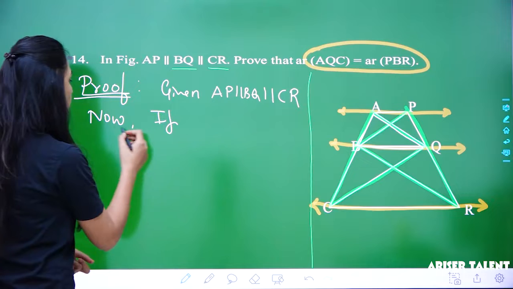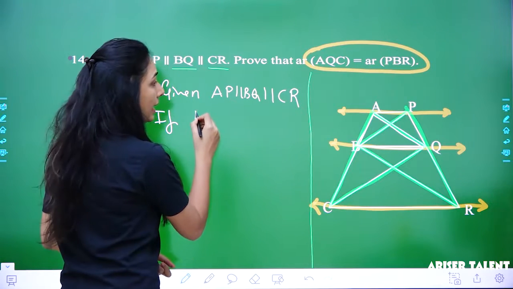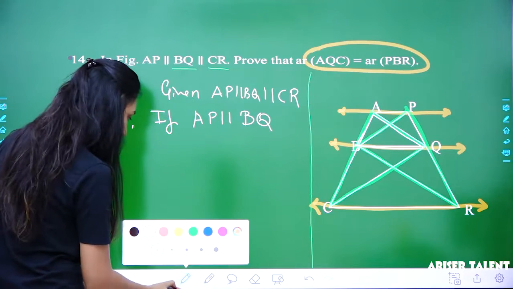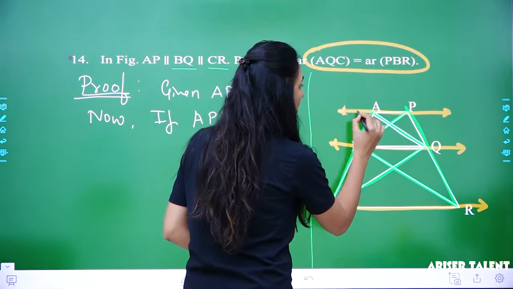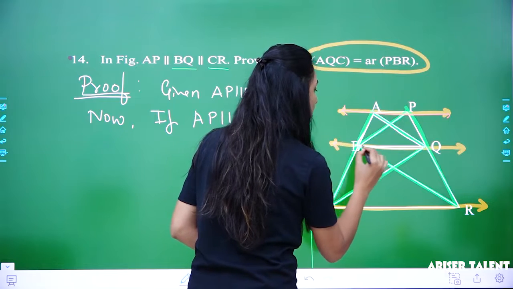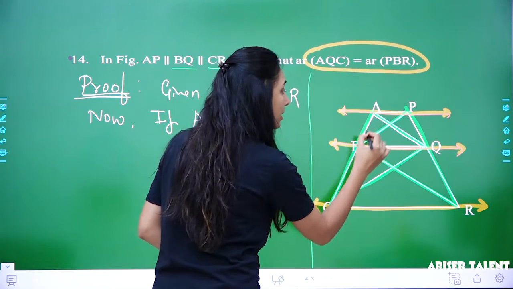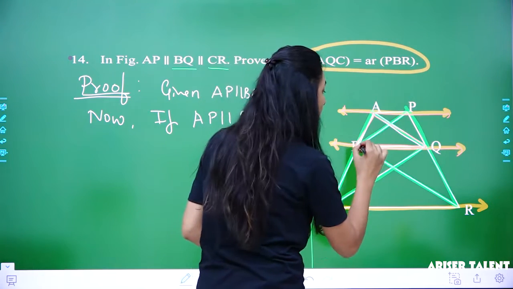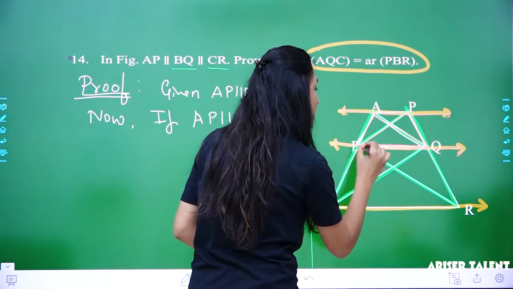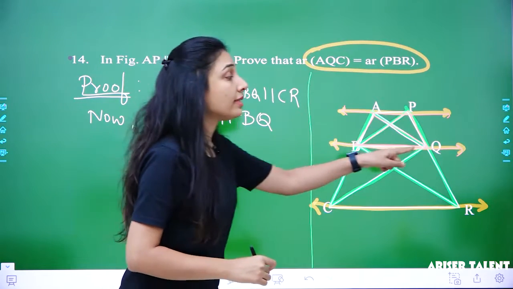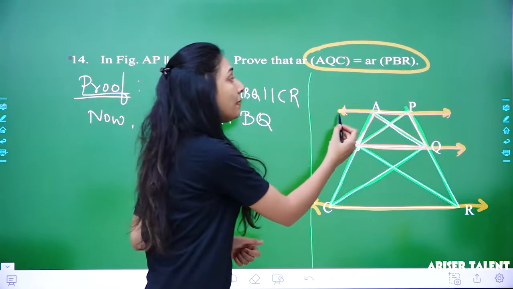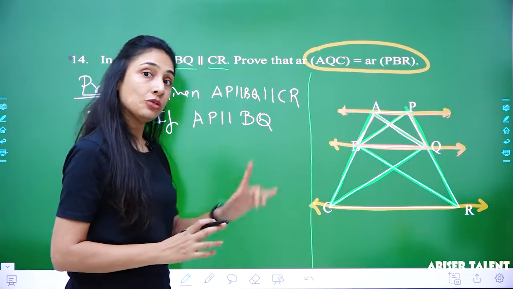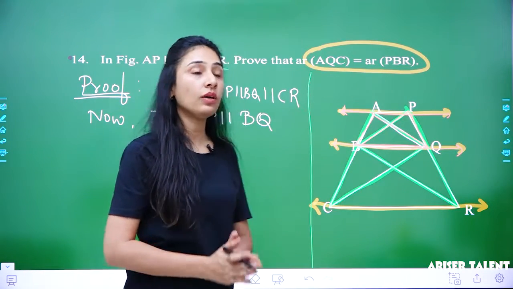Now, AP is parallel to BQ, so we have the triangle AQB and triangle PBQ on the same base BQ and between the same parallels AP and BQ. So the areas of these two triangles are equal to each other.